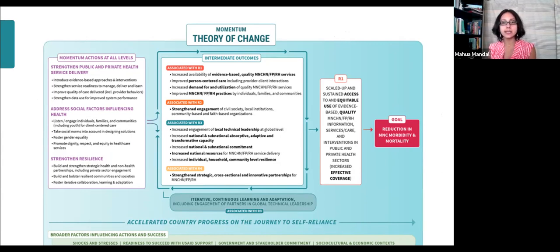Since this is a momentum-wide theory of change, it's quite broad, but in the middle box here, we do see that it includes explicit outcomes, such as availability of evidence-based quality MNC, CHN, FPRH services, and increased patient-centered care, including provider-client interaction, and that these lead to a specific result, which lead to the ultimate goal, which is reductions in maternal morbidity and mortality. Next slide.